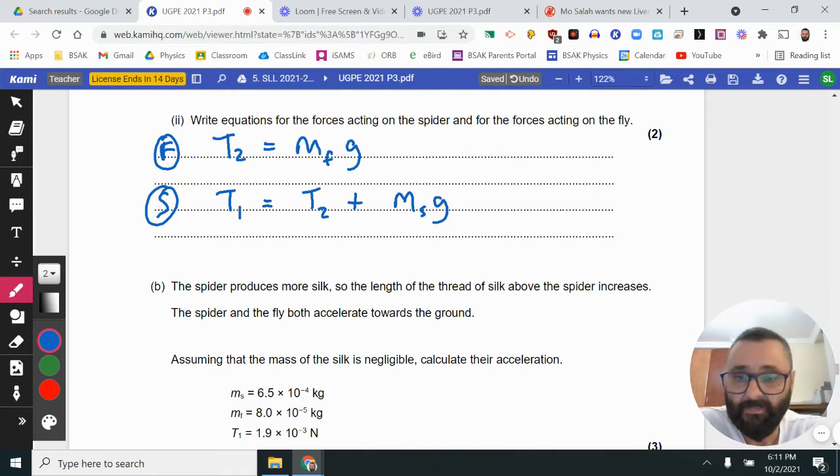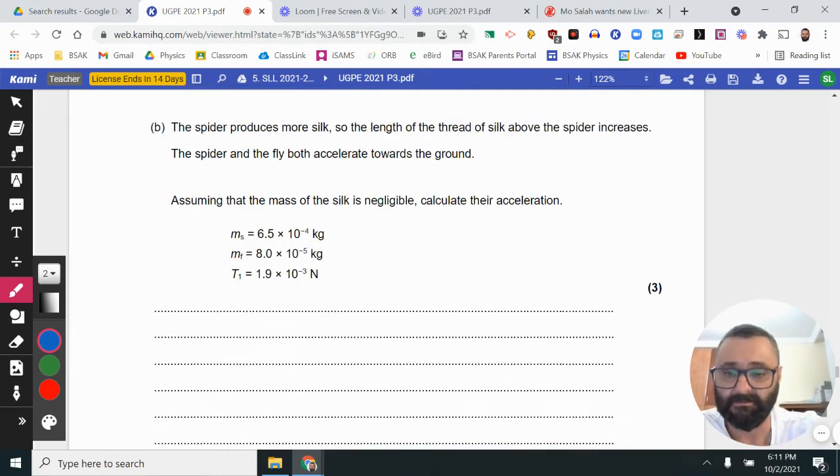Right, this is where it does get a little bit complicated. We need to think this through. The spider produces more silk, so the length of the silk above the spider increases rapidly, and the spider and fly both accelerate towards the ground. Assuming the mass of the silk is negligible, calculate their acceleration.